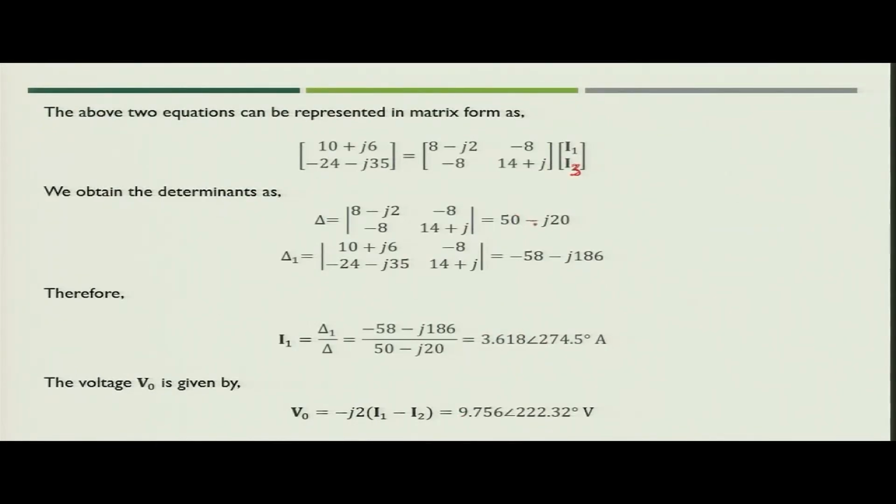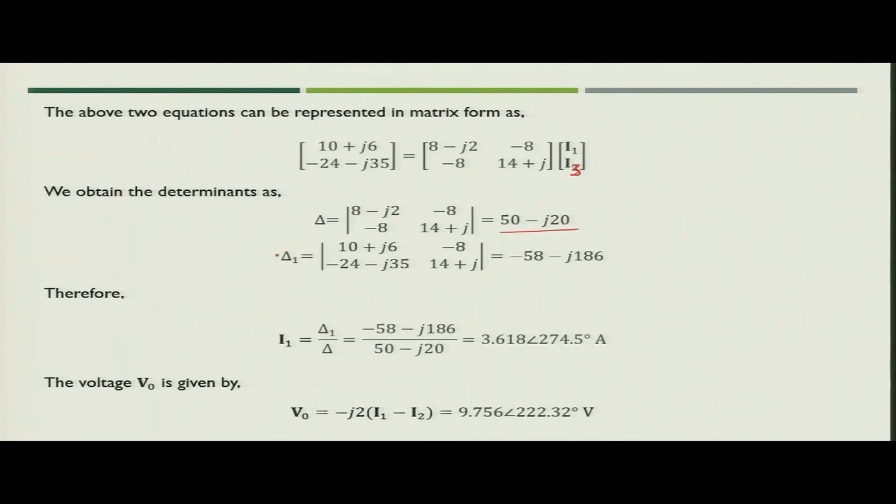Now, if you solve for I1, you will first find the value of the determinant, that is 8 minus J2 and minus 8 and 14 plus J. The value of this determinant will be 15 minus J20.